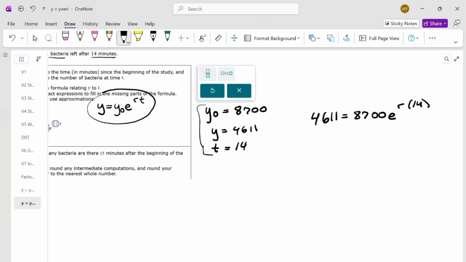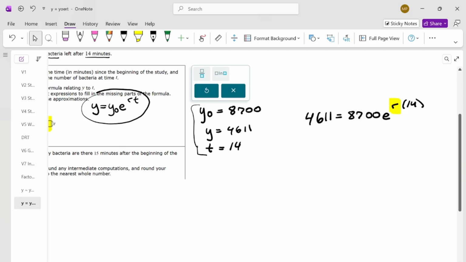Now our goal with this is to find our rate, because we have the initial amount, 8,700, and we have our final amount for 14 minutes of time.